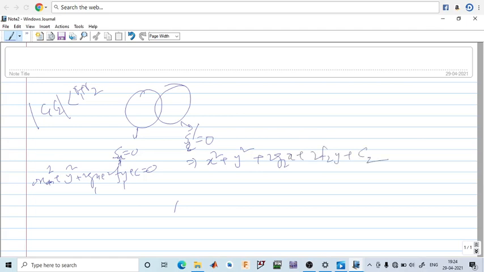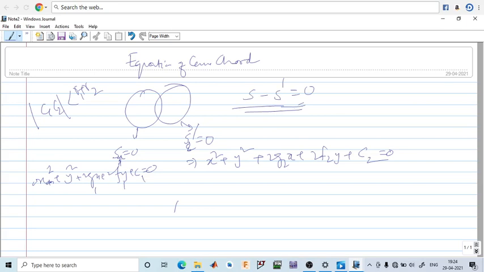Let us write g1, f1, c1 for the first, it will look good then. So the equation of the common chord is S minus S dash equals 0. This is the equation of the common chord, right?